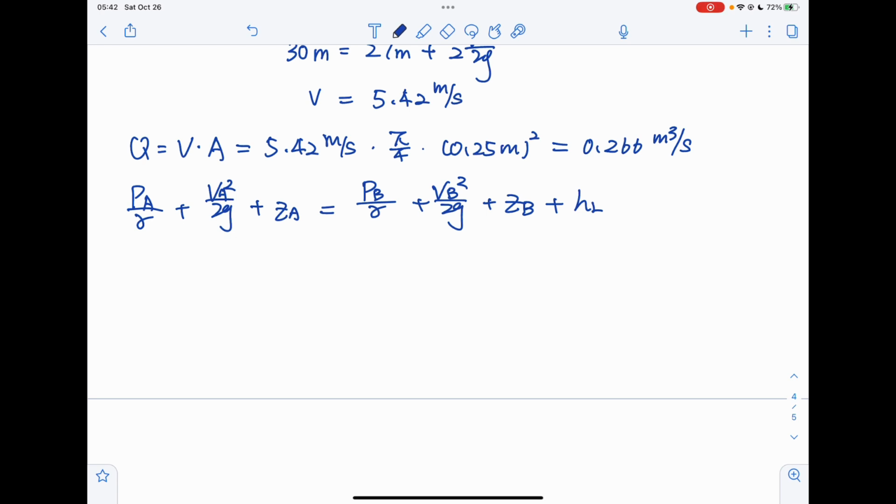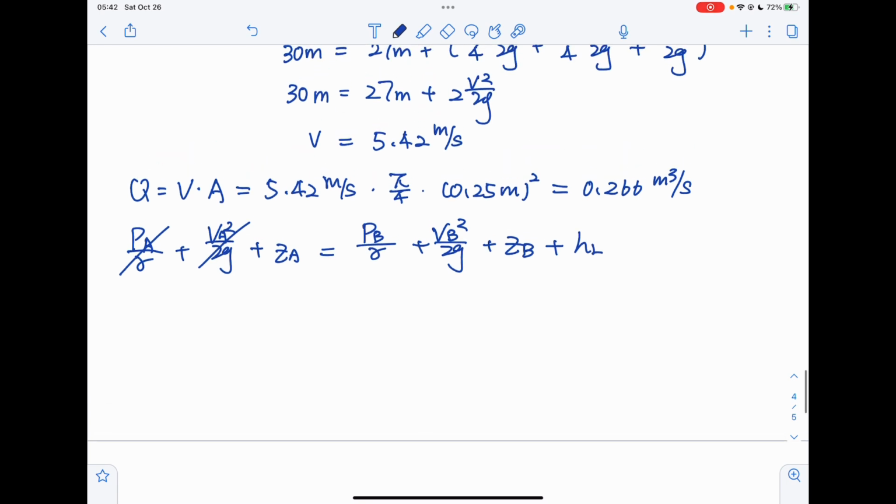So it's the same as the first energy equation. The pressure and the velocity at point A are 0, and ZA is given, and PB we still don't know.